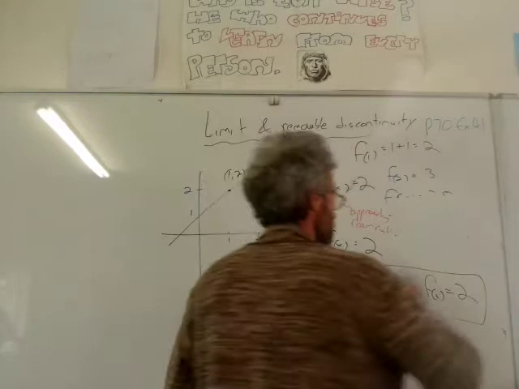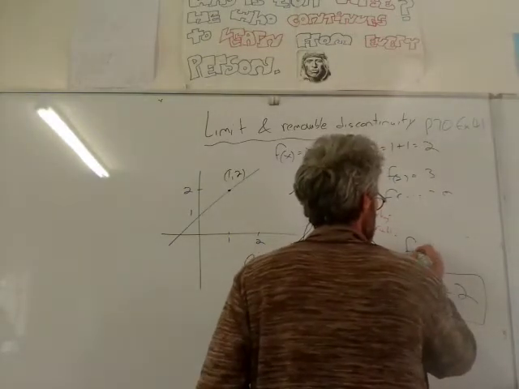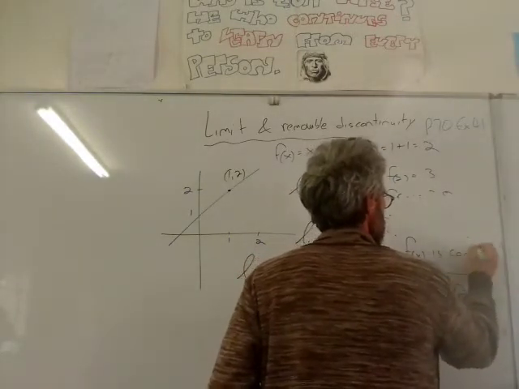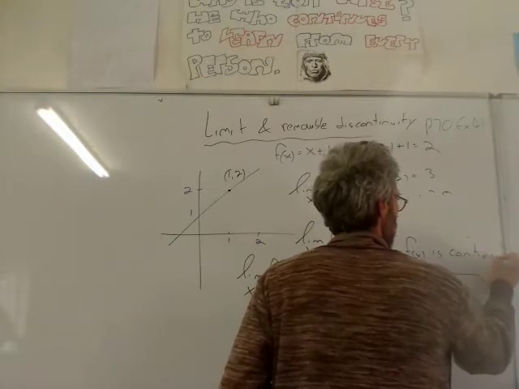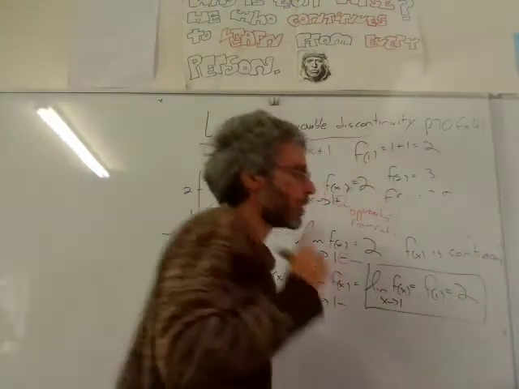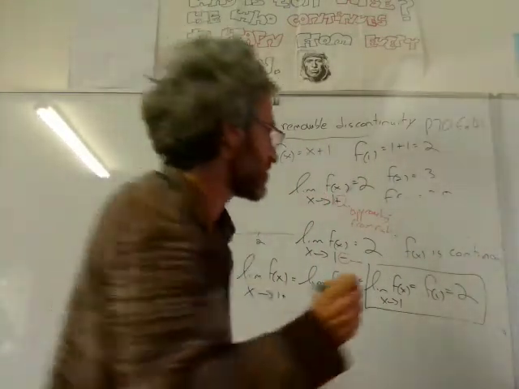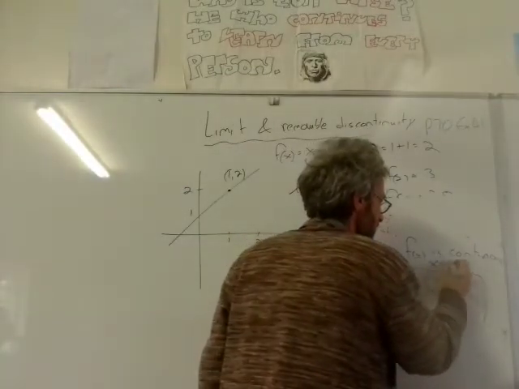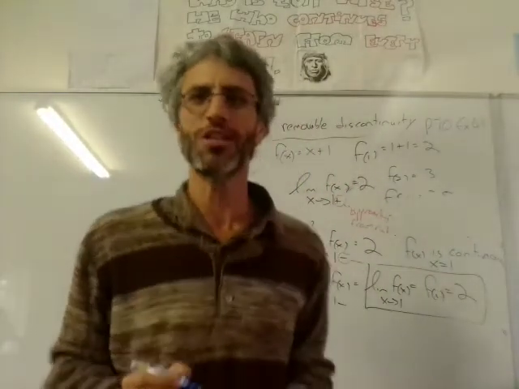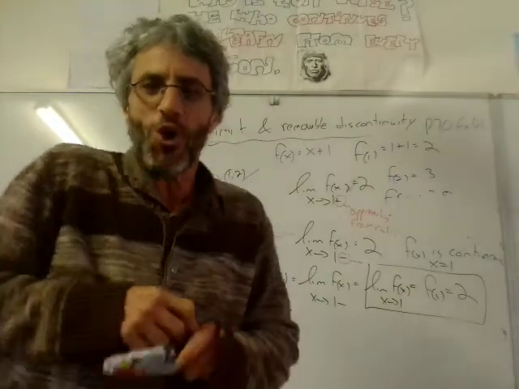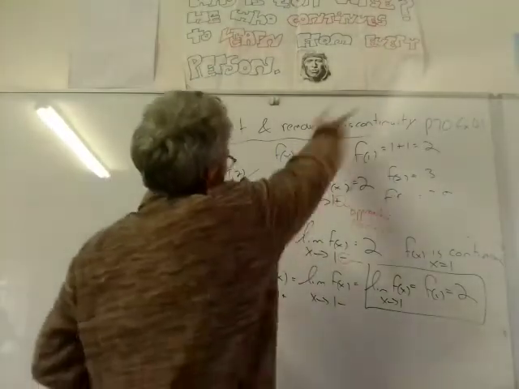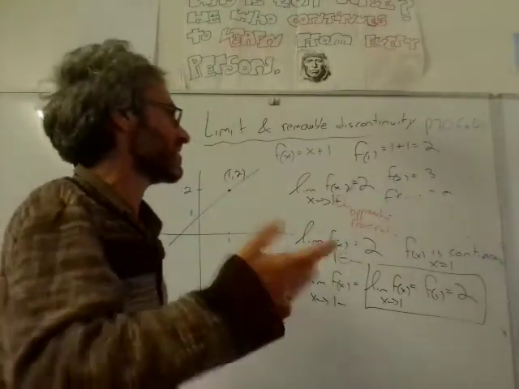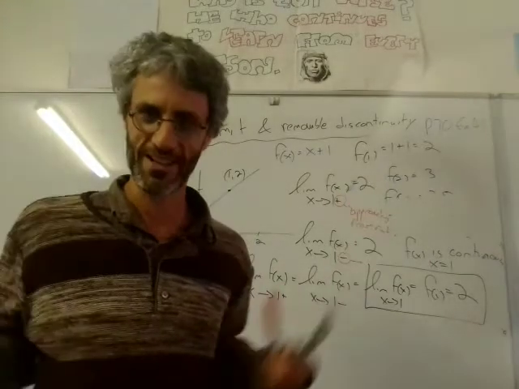F is continuous. And I really need to be careful here, because I only checked one point. In this case, it was at x equal 1. So we say f is continuous at 1. But obviously, you can imagine I would have done it for any x, it will be the same. So we really say that f is continuous for all x's.